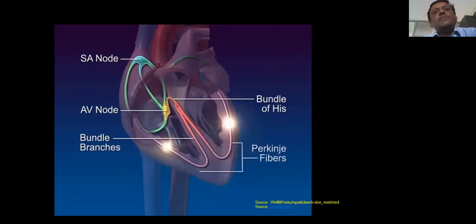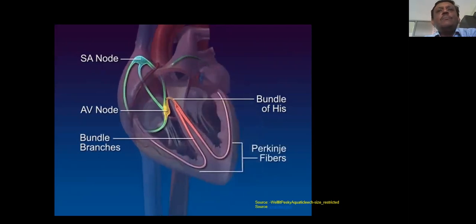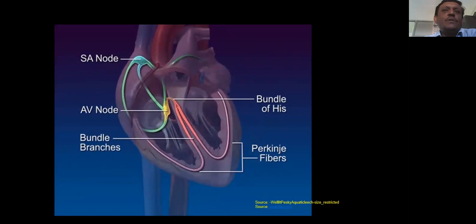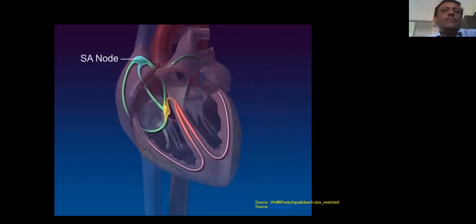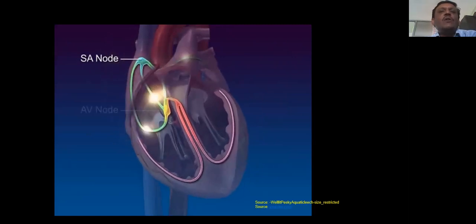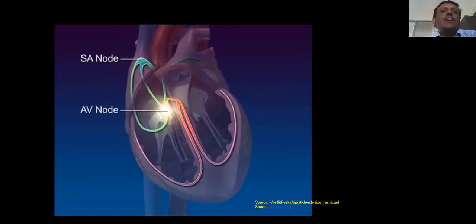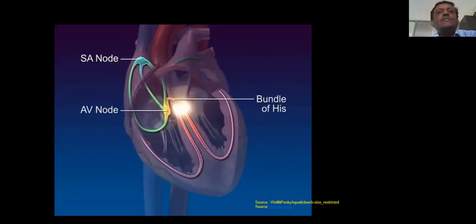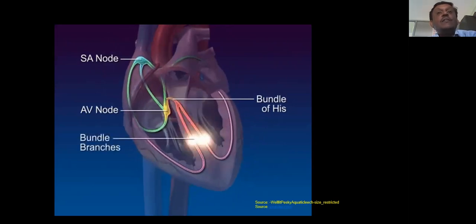From AV node, the impulse is then conducted downward by bundle of His. And bundle of His, passing through interventricular septum, carries this impulse up to the ventricular wall, and the Purkinje fibers arising from bundle of His transmit this impulse of contraction to the wall of ventricle, and hence resulting into the contraction of ventricle. So in this way, heart works.